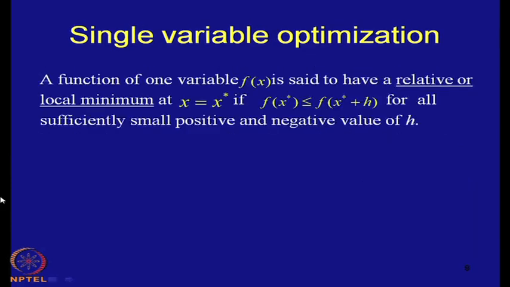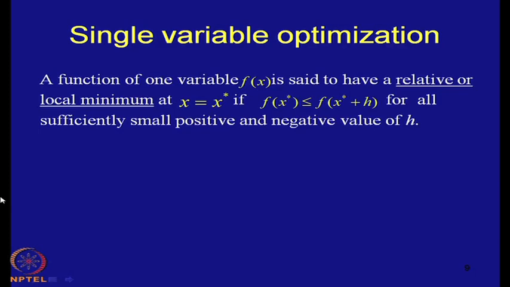Now, we are defining mathematically the meaning of the local minima. As I said, the function is defined over the whole interval a to b, but the function is changing its pattern in between. That is why the function is nonlinear in nature, and in some portions we will get the local minima.